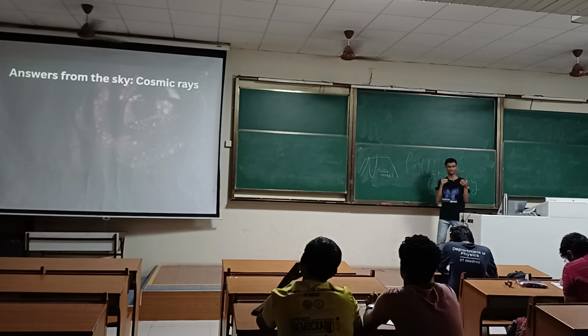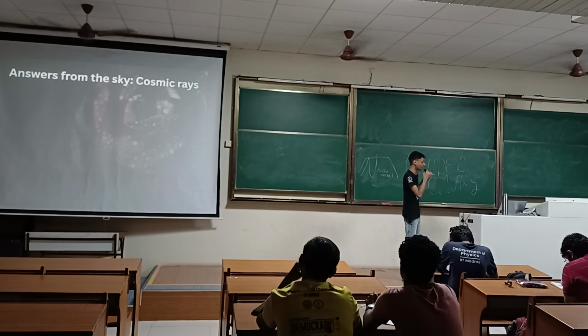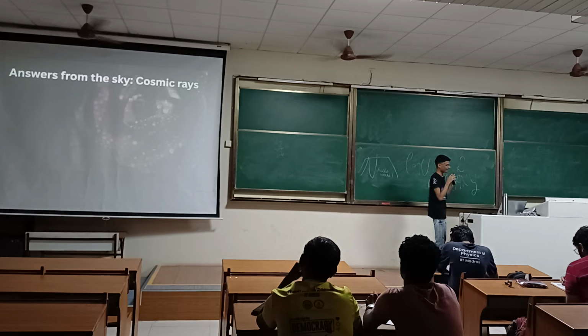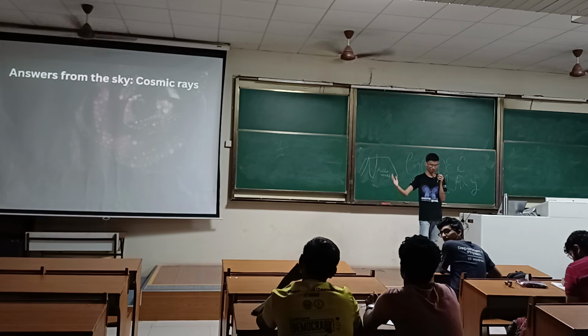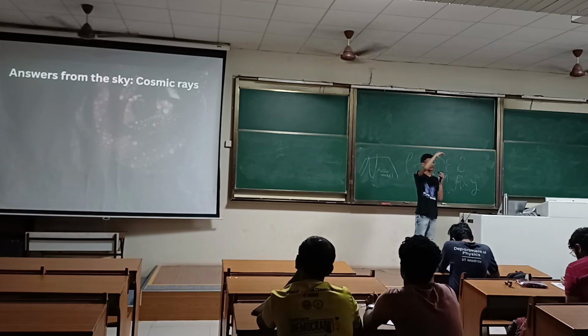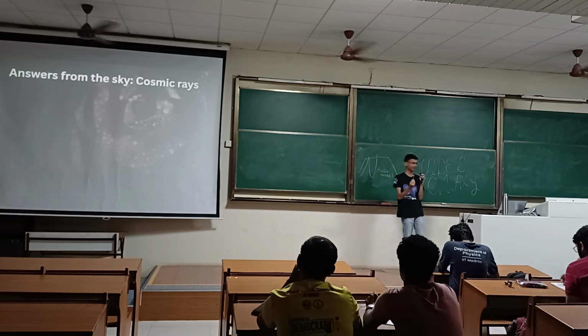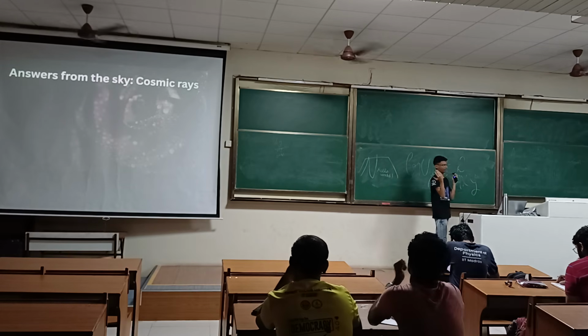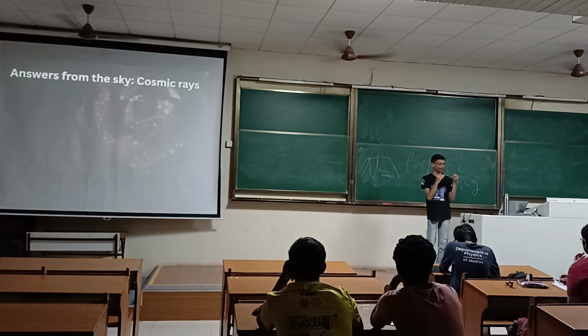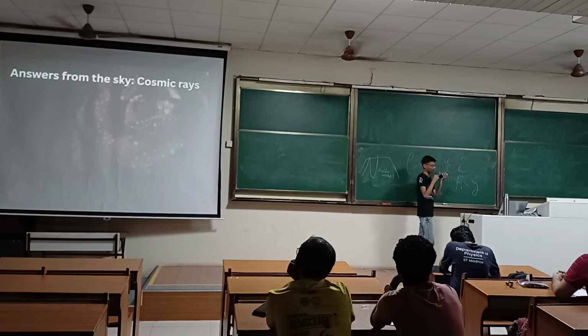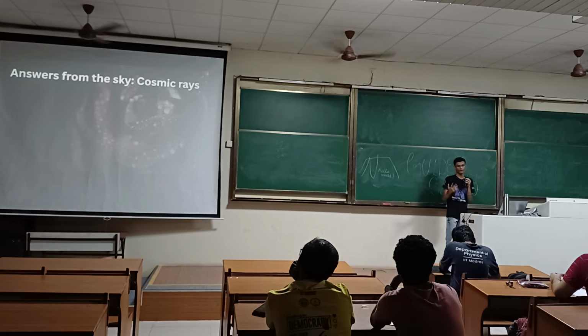The thing that I would like to talk about now is cosmic rays. Cosmic rays are high energy particles that originate from outer space and then enter the Earth's atmosphere. Once they enter, they interact with the particles in the atmosphere, and that produces many more particles. So why cosmic rays?